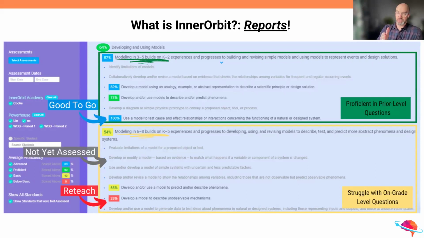You can dive into really specific pieces of the standards and say, all right, students were able to use a model to test cause and effect relationships concerning the functioning of a system, but they really struggled with developing a model to describe unobservable mechanisms. So things that are too fast or too slow or too great or too small of a scale for us to meaningfully observe in our existence or with our senses.